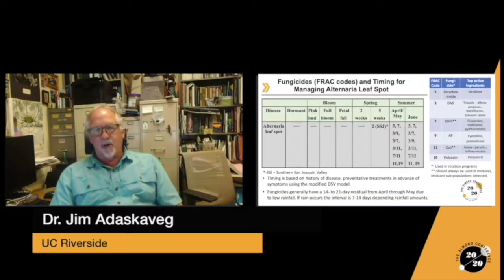They're represented by FRAC codes 2, 3, 7, 9, 11, and 19. And then we use these FRAC codes to tell our timing in the efficacy tables on the UC IPM website. We're starting about 5 weeks after in the southern San Joaquin County, and then southern San Joaquin counties of the Central Valley.